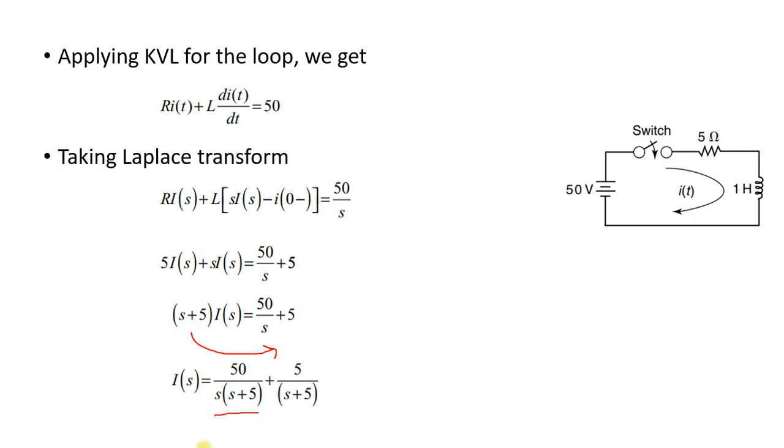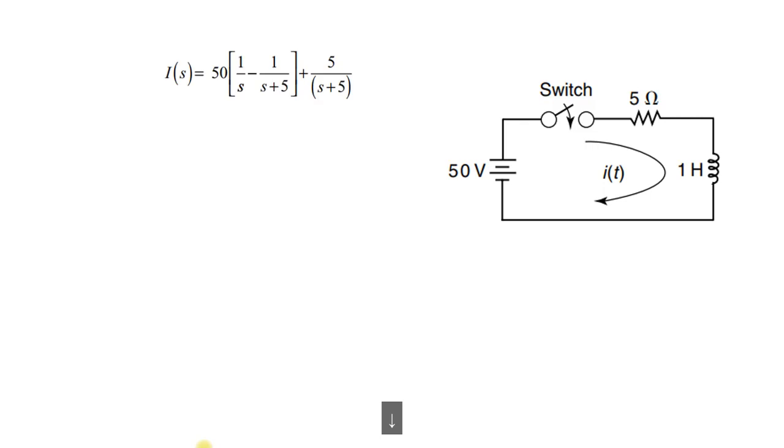It is in the form A divided by s plus B divided by s plus alpha, as we saw in the previous lecture derivations. Here s plus alpha is nothing but s plus 5. Cross multiply and solve the equations, so the value of A is equal to 1 and B is equal to minus 1.